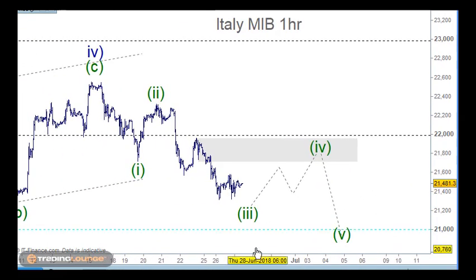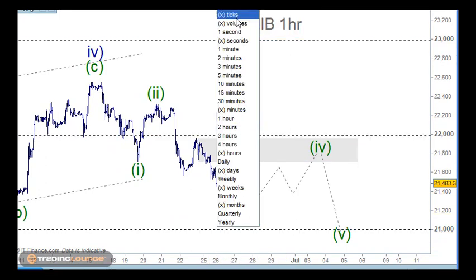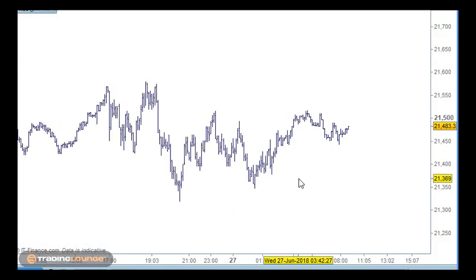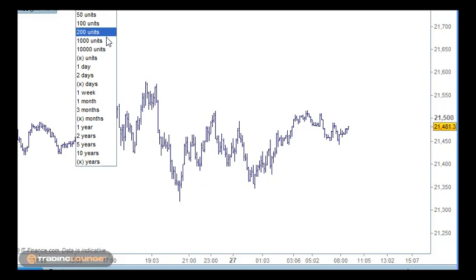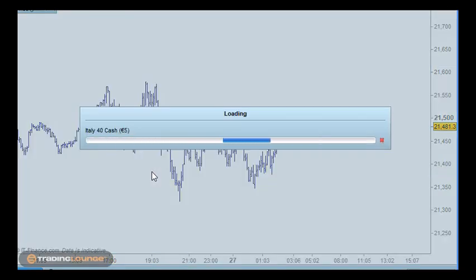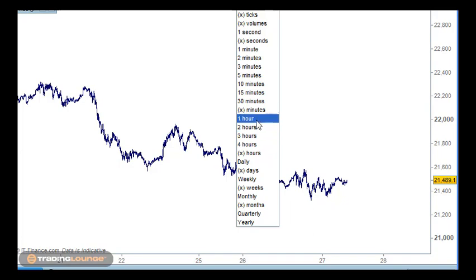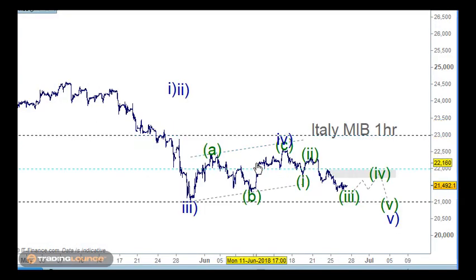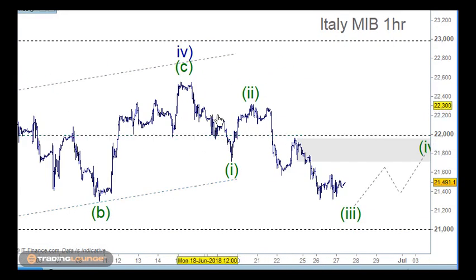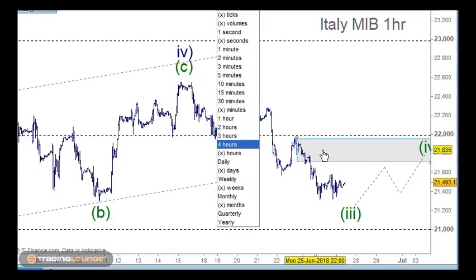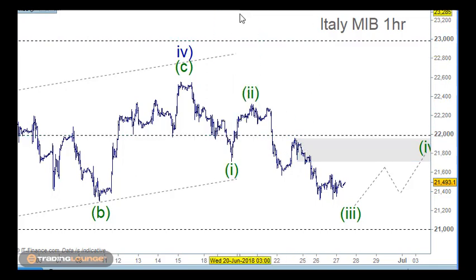I mean, let me just see if I can pick it up on the tick chart. Bearings, right, from the 22 area here, we want to get that.